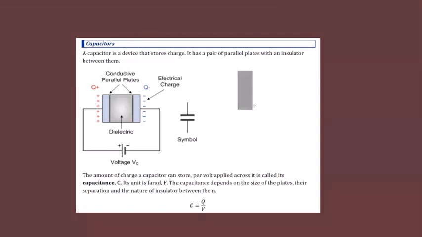For example, you have two metal plates, and you connect this with a supply. So when you connect this with a supply, the positive terminal of the battery... because it's a metal plate, what is the structure of the metal?